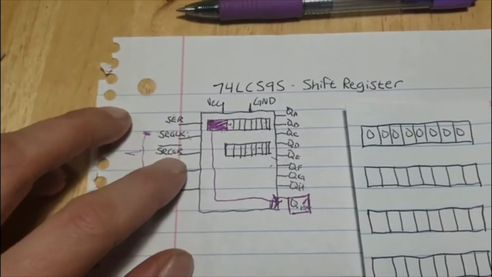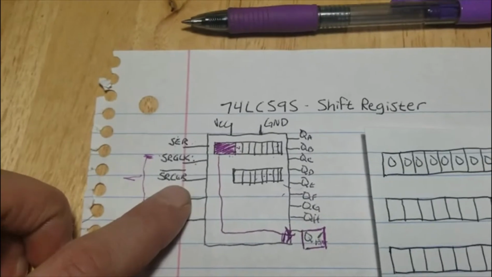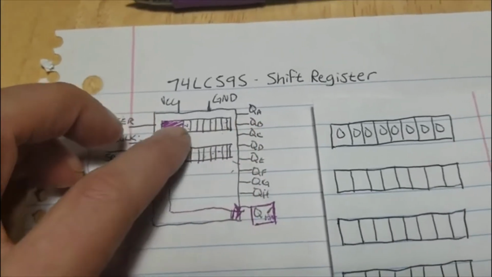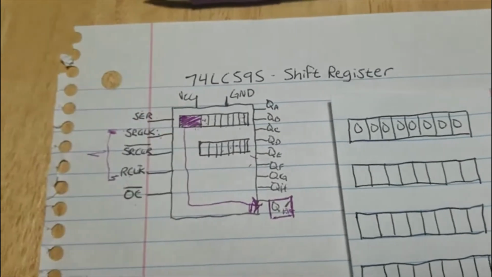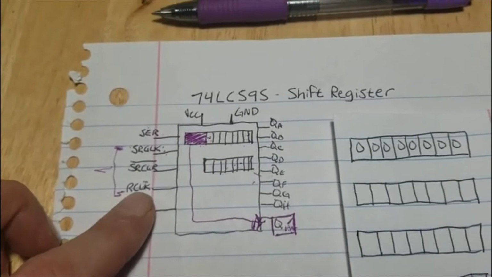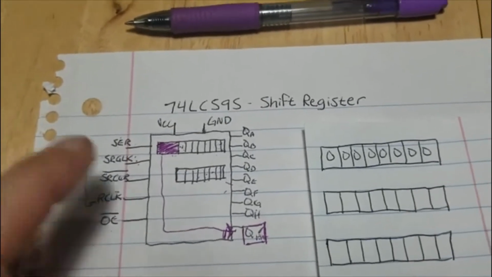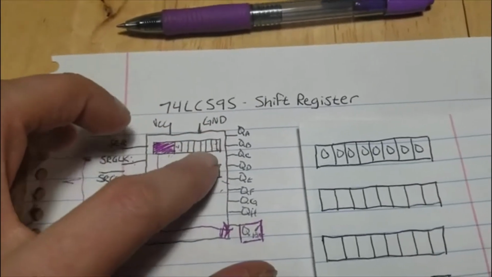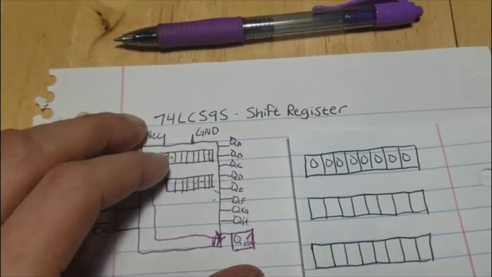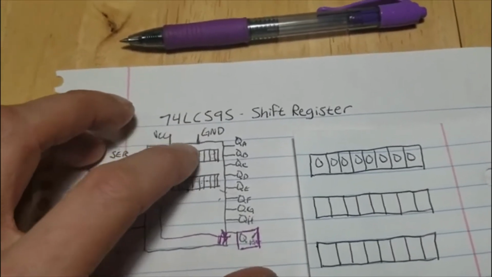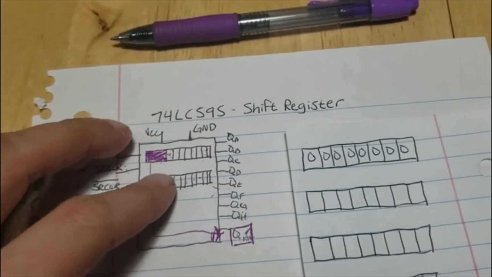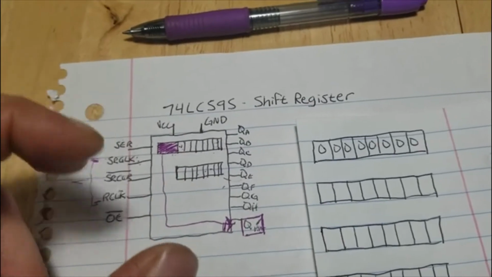This other pin here is the shift register clear, which will just blank out whatever's already in there. Just erases everything. And this R clock, what's interesting about this chip, I suppose, is that it's got 2 8-bit memories, I guess.